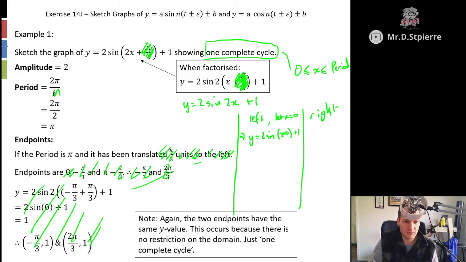I'll change colour because probably the green's not the best to read. So y is equal to 2 sine of 0 plus 1.